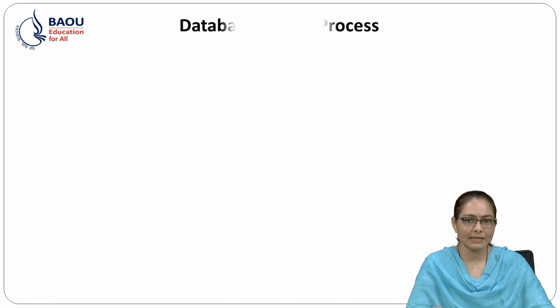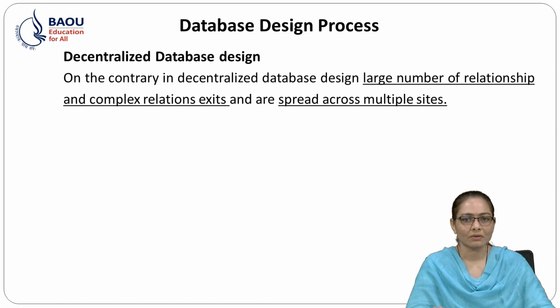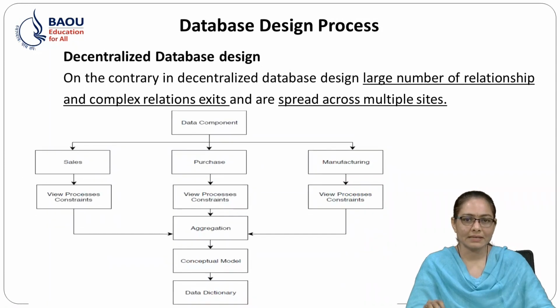On the contrary, in a decentralized database design, a large number of relationships and complex relations exist and are spread across multiple sites. As shown in the figure, each component has its own data, and the data verification and constraint checks are done by each component.